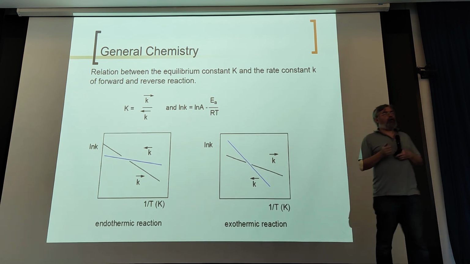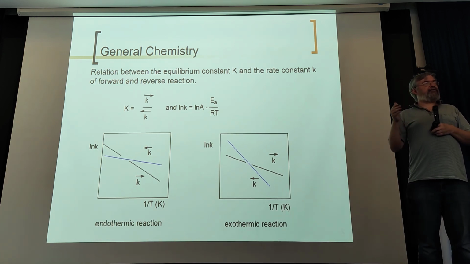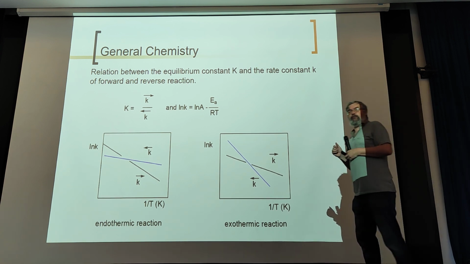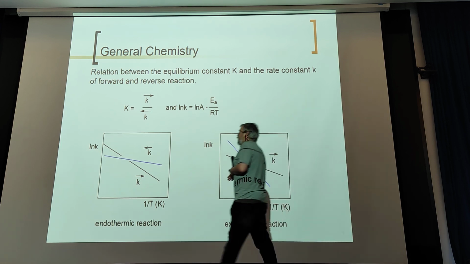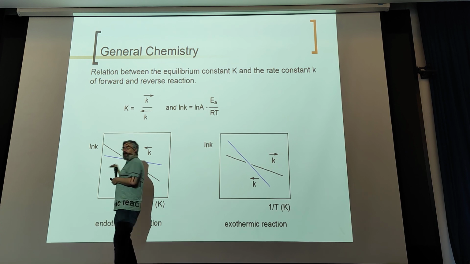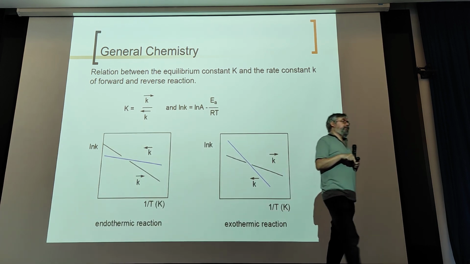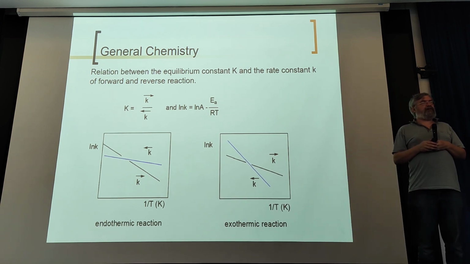You remember the Arrhenius law, which says k is A multiplied by e to the minus activation energy divided by RT. So depending on the activation energy, which is also always positive, we get curves which are going down in any case. The difference is now how fast does it go down. And how fast it goes down depends on the activation energy.